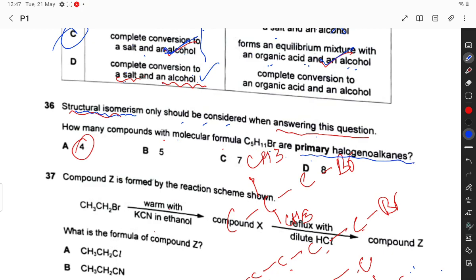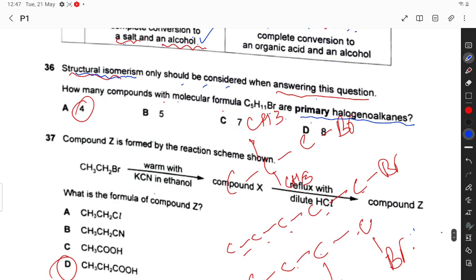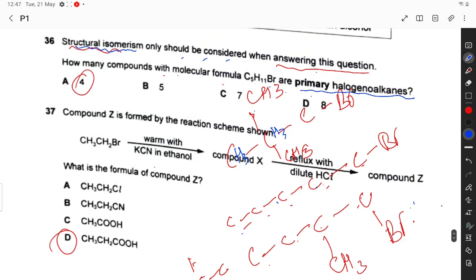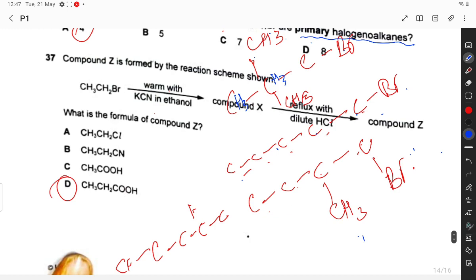So this is the first compound, and this is 1, 2, 3, 4. This is primary, this is primary, and this is also 1, 2, 3, CH3. This is also primary, and 1, 2, 3, 4.